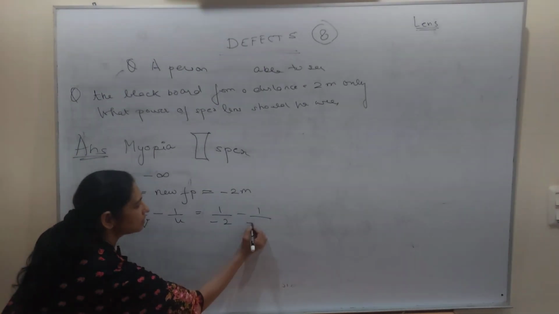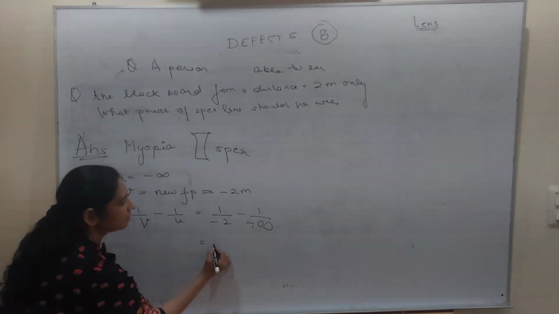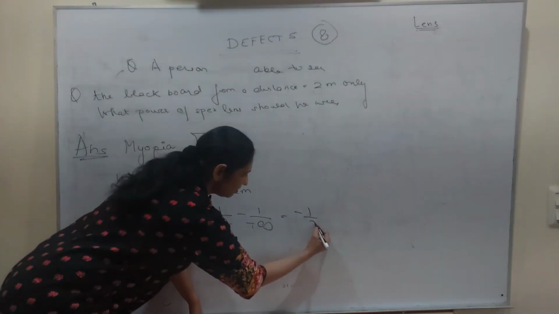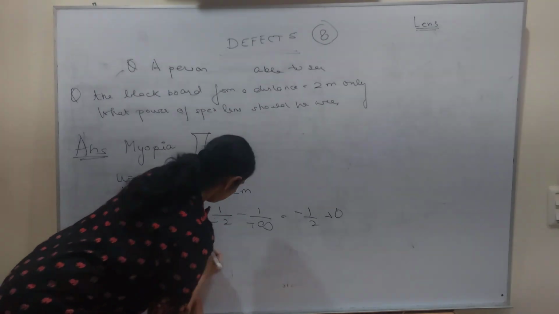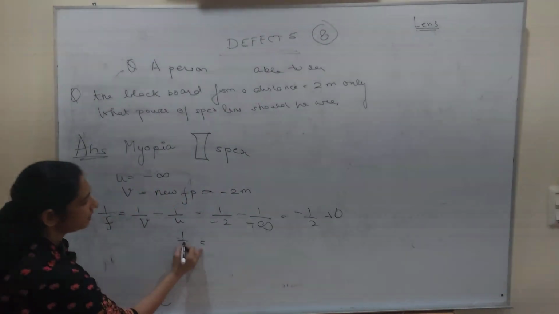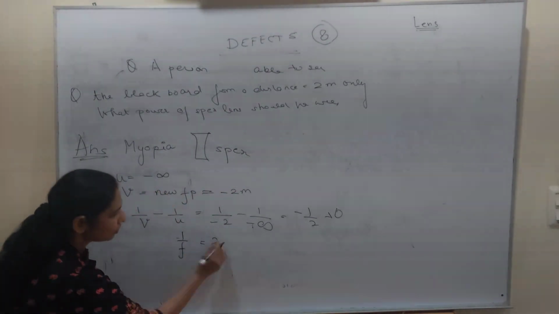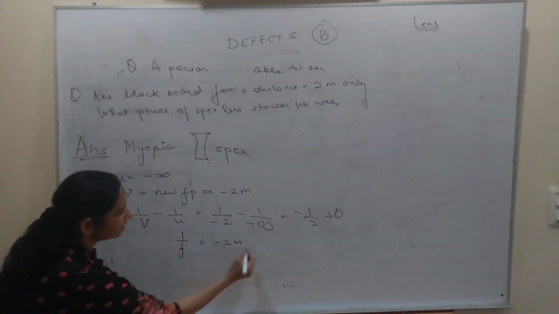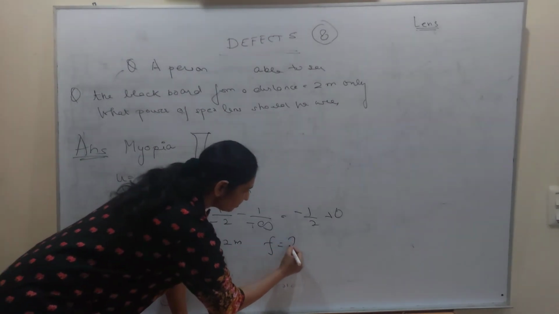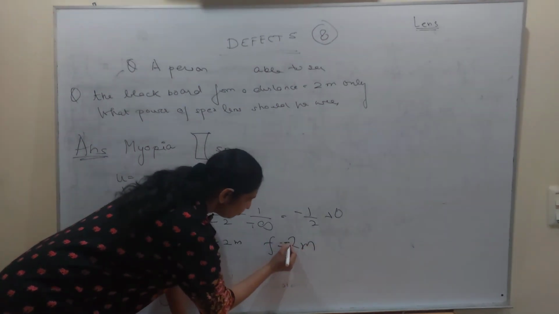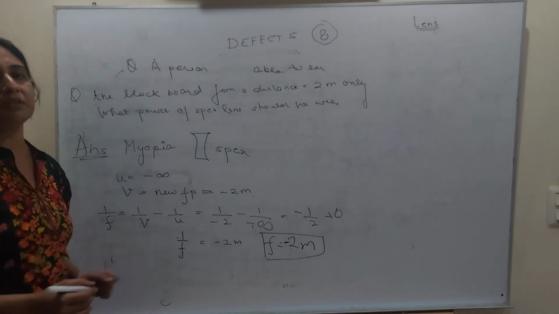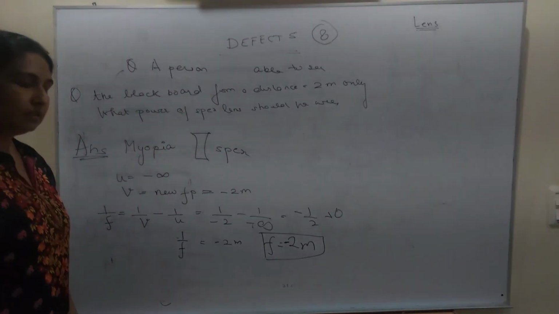Simple calculations. This becomes 0. So 1 upon f becomes minus 2 meters, or the focal length f becomes 2 meters. The focal length of the external lens that we have to wear is simply 2 meters.